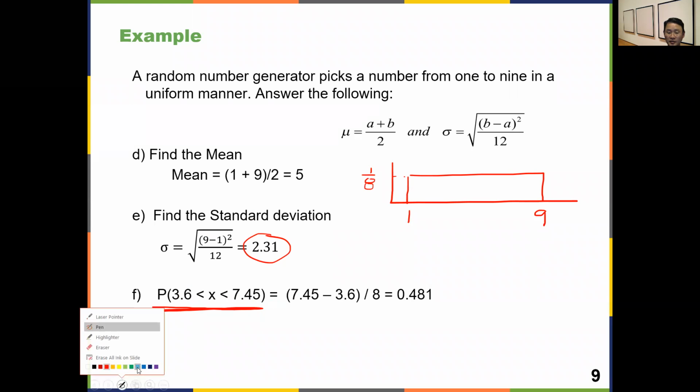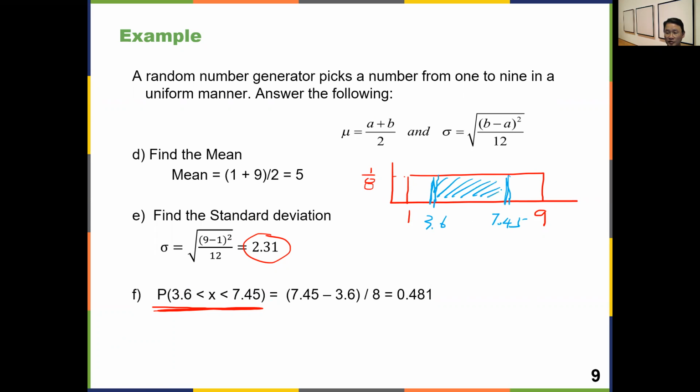Let's say this is 3.6 here, and this point is 7.45. We want this proportion, and that's what this question is saying. So we want this distance.